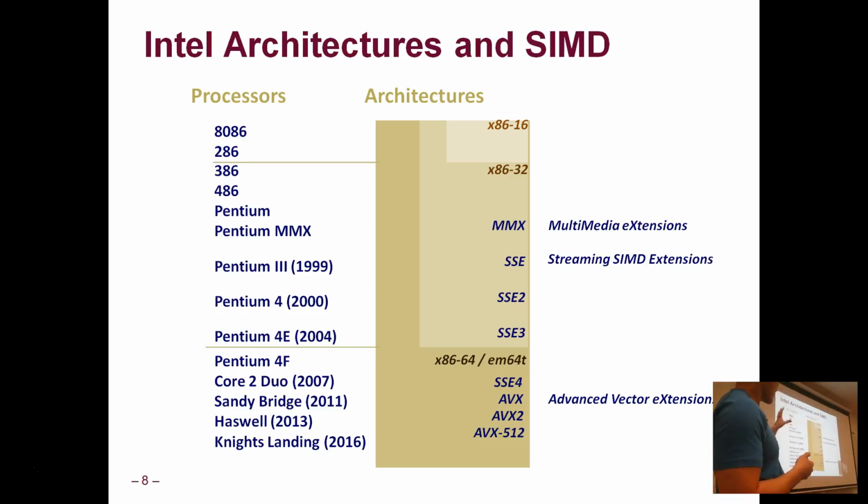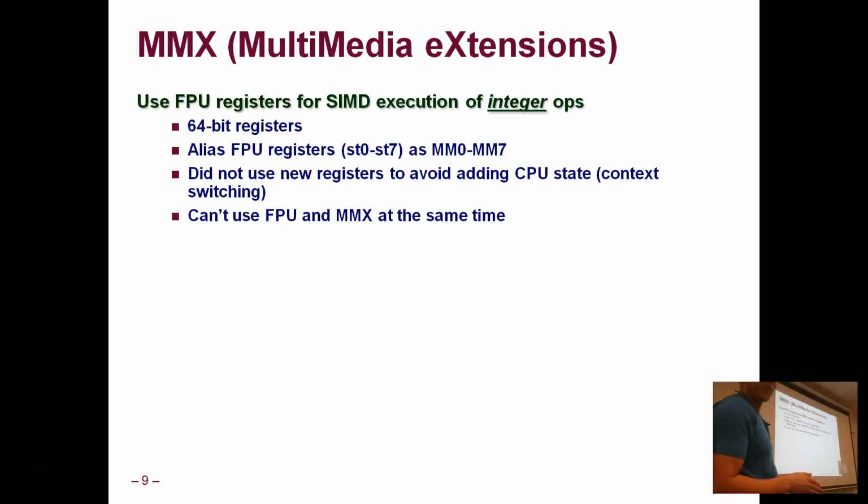This is sort of the timeline of all of these vectorized instructions. I'm not going to go through here, but we'll incrementally talk about the important parts of this. Okay, so we'll start with the MMX extensions. And the idea of MMX, this was back when we only had 32-bit registers.